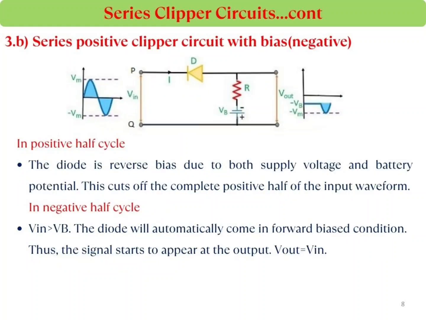The case of negative biased circuit. In this, we apply the negative biased circuit. So the diode is in the reverse biased condition due to both supply voltage and battery potential. So it cuts off completely the positive half of the input waveform. But during the negative half cycle of the input waveform, the diode is in the reverse biased condition due to the supply voltage, but is reverse biased by the battery potential.